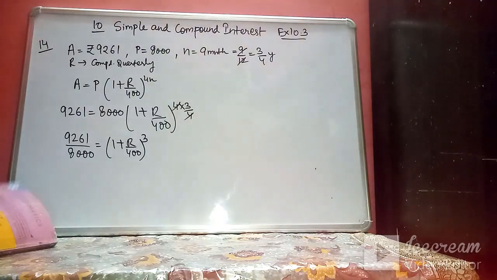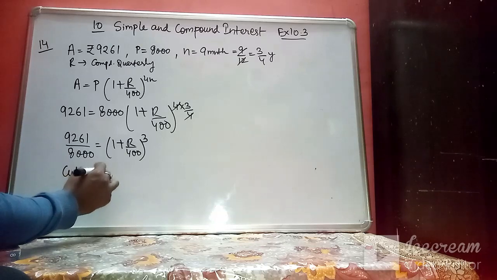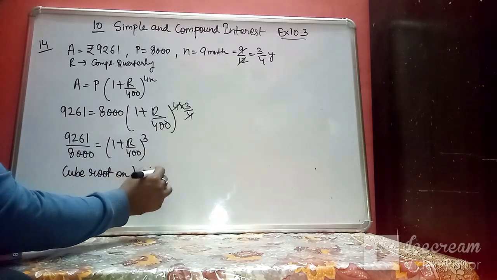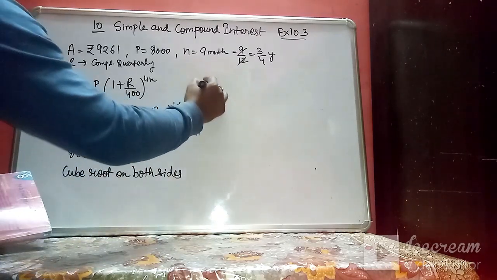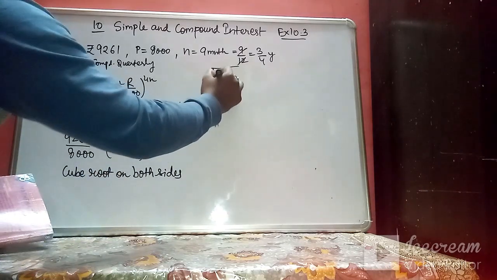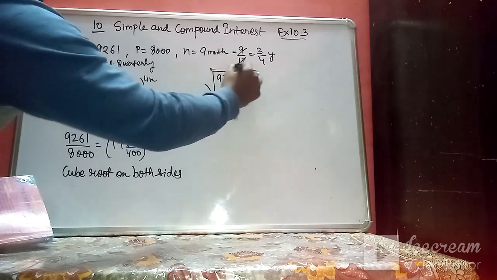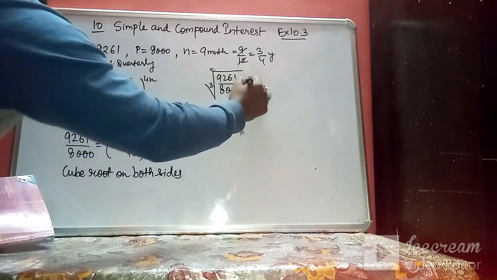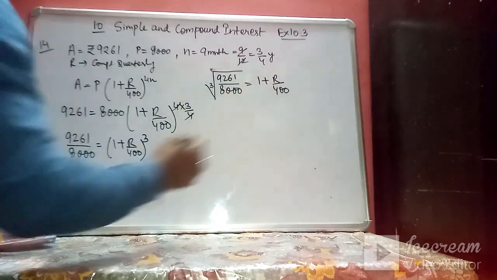In this question also we will take cube root on both sides. So when we take the cube root on both sides, that is 9261 upon 8000 equal to 1 plus r upon 400.